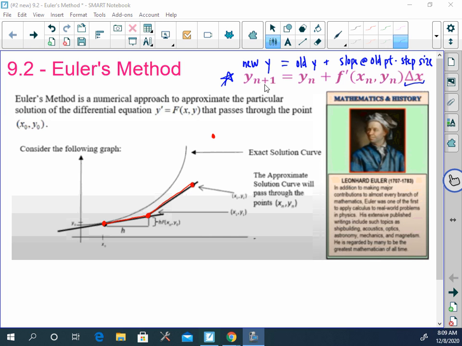You're going to get used to using this, but if you write this across the top, it helps you remember what all those pieces actually mean, okay?